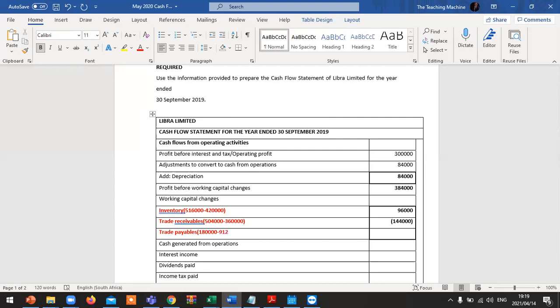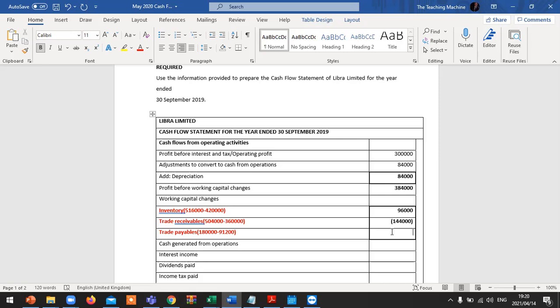Will this result in an inflow or outflow of cash? This will be an inflow. It results in an inflow of cash because it's more like borrowing money. With trade payables, it can be money or stock. So let's put it like the business borrowed funds from a financial institution.